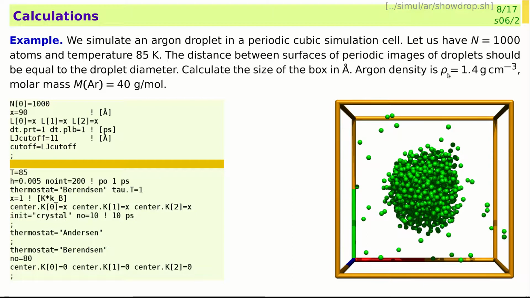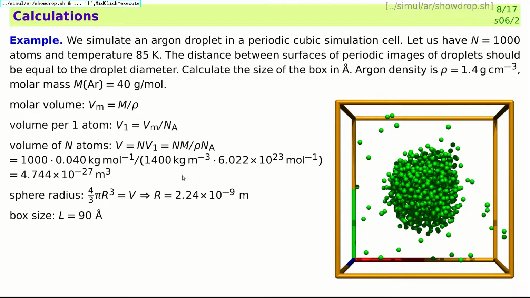The data are that the argon density at these conditions, at this temperature, is about 1.4 grams per cubic centimeter, with molar mass and so on. So, how to do this? First, let's calculate the molar volume. It's given by the molar mass divided by the density.